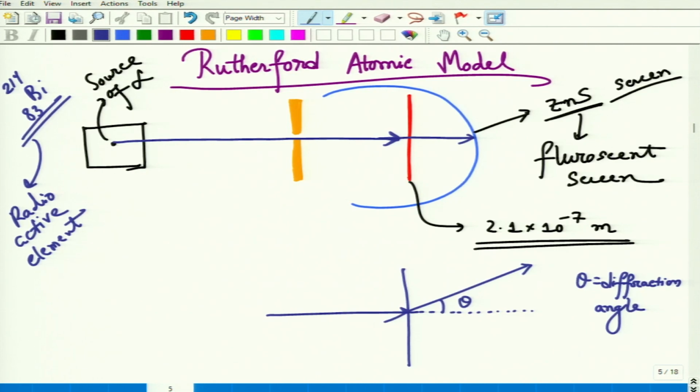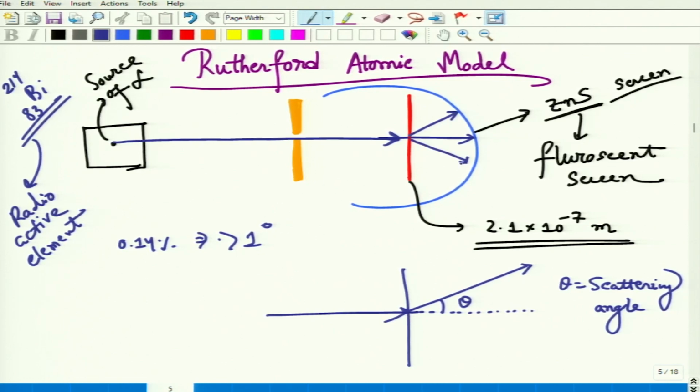From the experimental observation, only about 0.14% of incident alpha particles were scattered by more than 1 degree. It is better to say scattering angle. So it's a very small amount of incident alpha particles which scattered more than 1 degree.